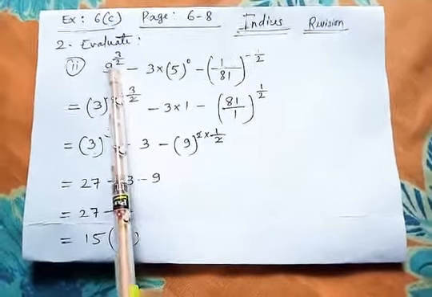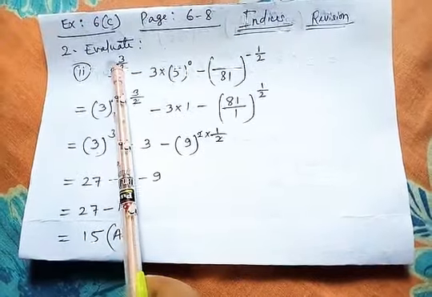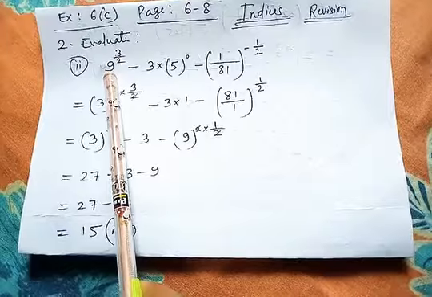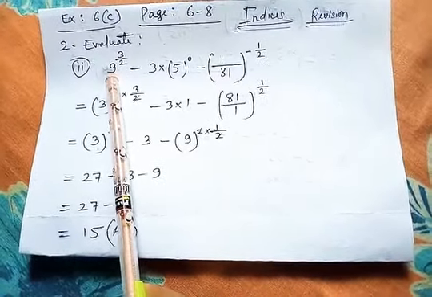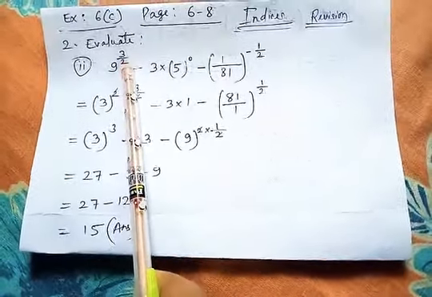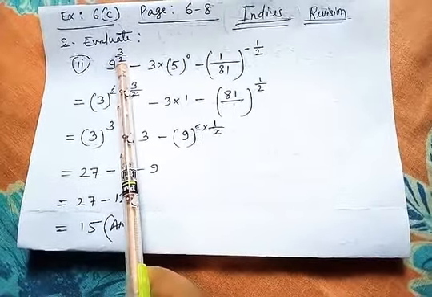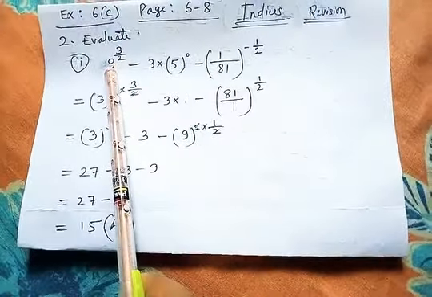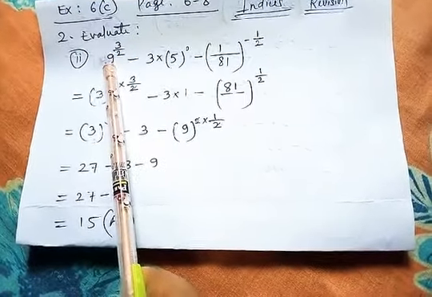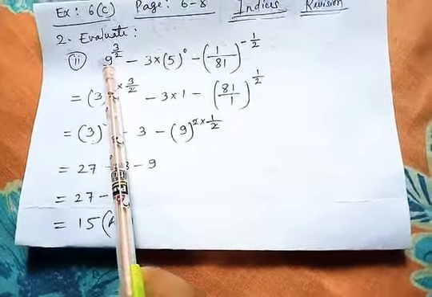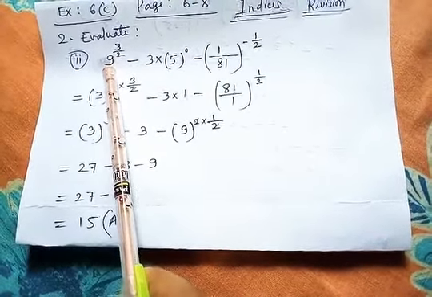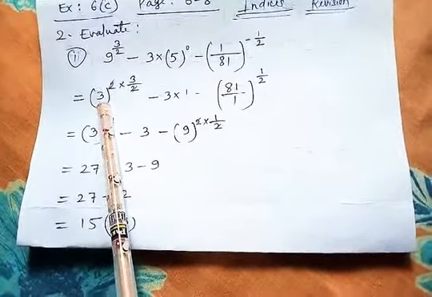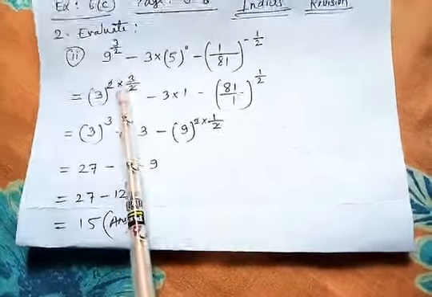And when there is already a positive power, we should target to break the number at the base, that is 9, in such a way that we look at the denominator of the power. The denominator is 2. That means we have to convert this 9 into a square form. So I can say 9 becomes the square of 3, because 3 square is 9. 3 square to the power 3 by 2.